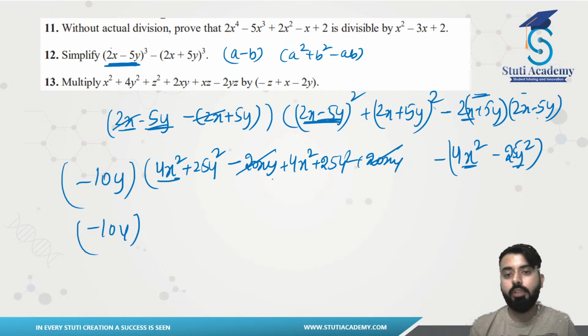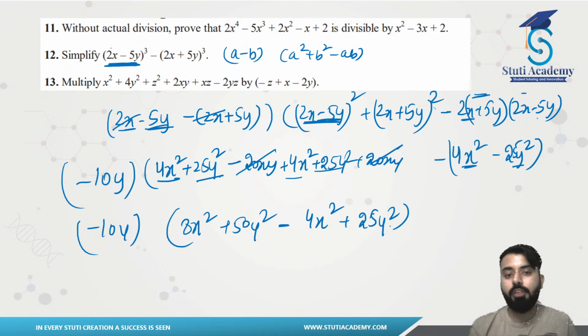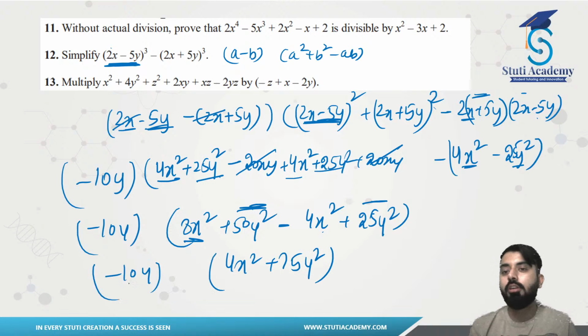This will be 4x square plus 4x square, 8x square, 25y square plus 25y square, 50y square, and this will be minus 4x square and plus 25y square. So you guys see, 8x square minus 4x square, 4x square, 50y square plus 25y square, 75y square, into minus 10y. So this is the simplified form.